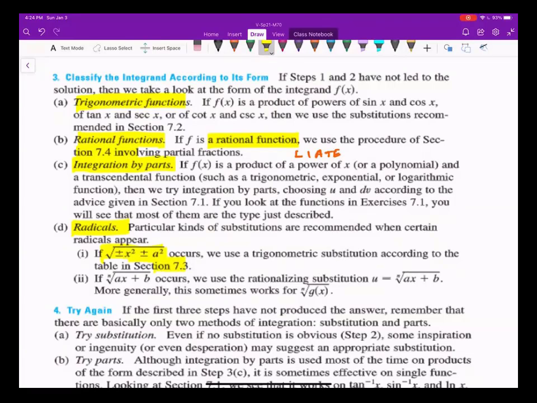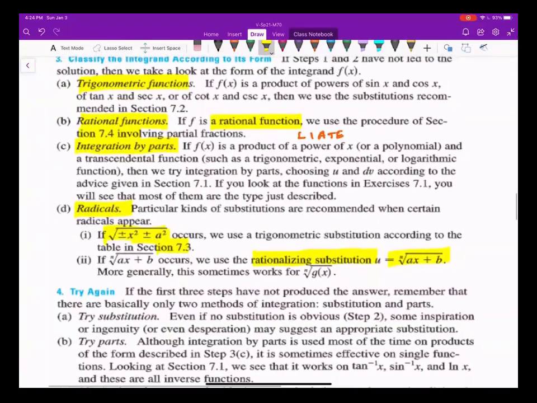And does it have not just a square root, but any nth root of ax plus b type? Whether the substitution works by rationalizing and making the substitution u equal to the nth root of ax plus b. So these are the other strategies you may want to apply if simplification of the integrand and ordinary substitution don't work.